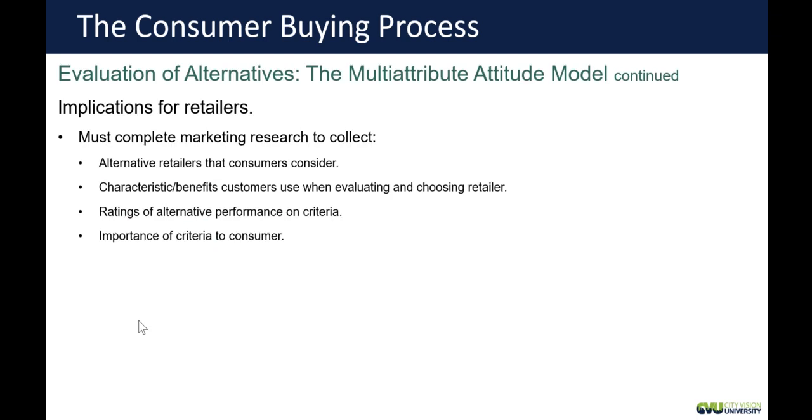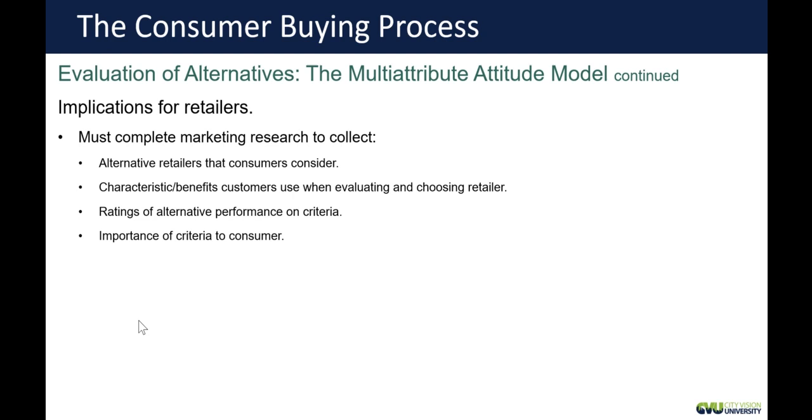So again, we use this multi-attribute attitude model, and we see that it gives us an opportunity to really understand what customers are thinking about when they're evaluating the different retailers, when they're evaluating the channels that they're going to, and it helps the retailers understand the importance of each criteria to the consumer.